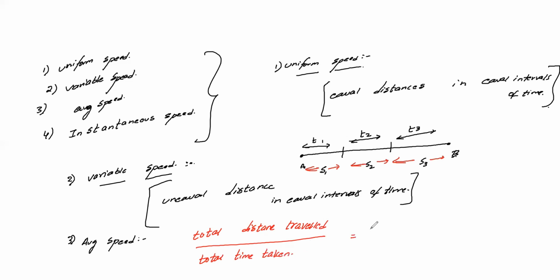Let's see the relations. So here the total displacement is S1, S2, S3. S1 plus S2 plus S3 divided by T1 plus T2 plus T3. So this is your average speed. Clear? Or I can say it in a different way.